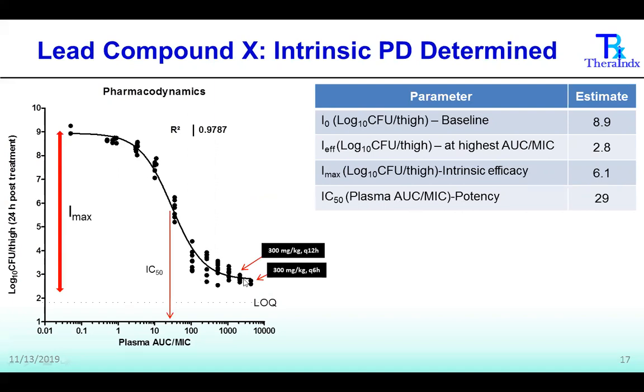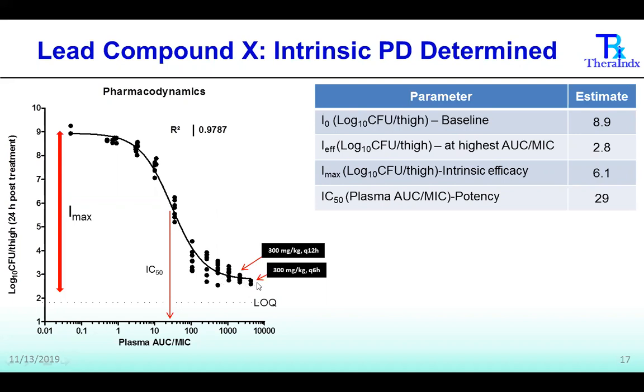One has to remember that at the highest dose levels, for example, these points here, each point represents a mouse. The 300 milligram per kg given twice, that's Q12 hours, is not very different from 300 milligrams per kg given every 6 hours.